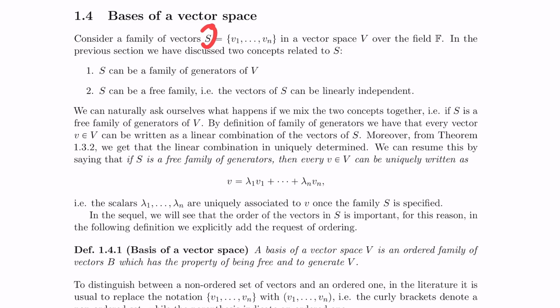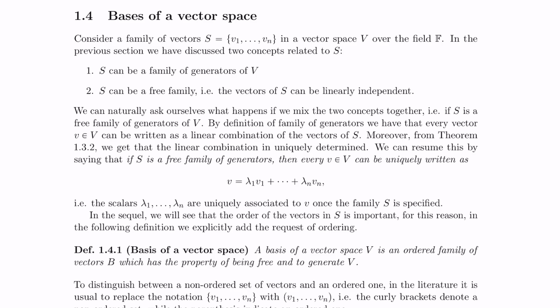Consider a family of vectors denoted with S, composed by the vectors v1, ..., vn belonging to the vector space V over the field F. Then S can be a family of generators of V, but it can also be a free family, that is, all the vectors v1, ..., vn are linearly independent. Of course, it is not forbidden by the law for S to have both features at the same time. Let's see what happens in this case.